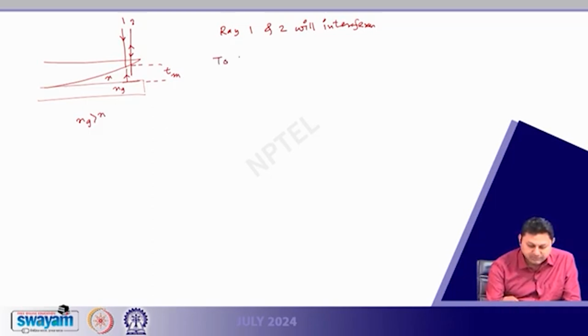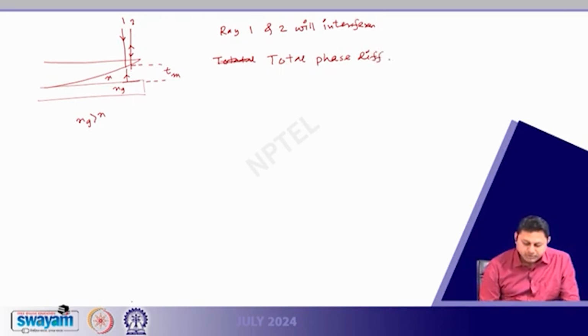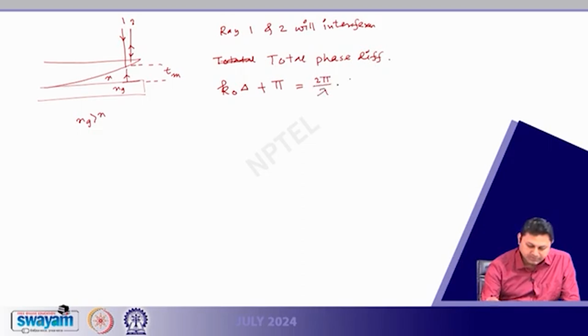So, total phase difference will be k naught delta plus pi due to this reflection, and that is 2 pi by lambda. Path difference is 2 n Tm plus pi.